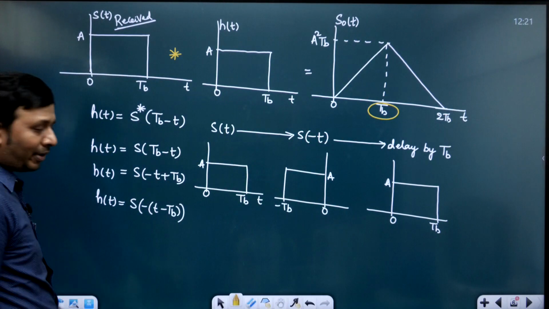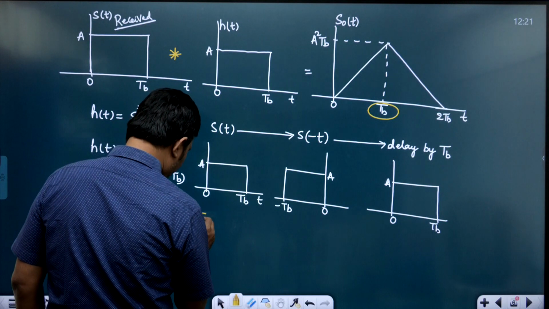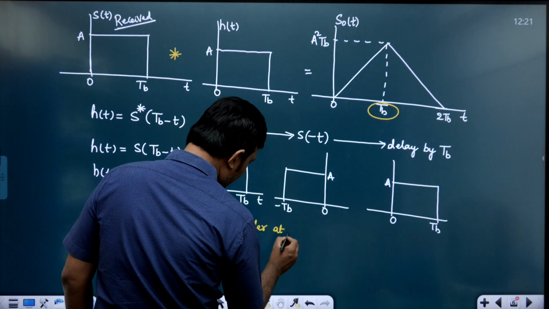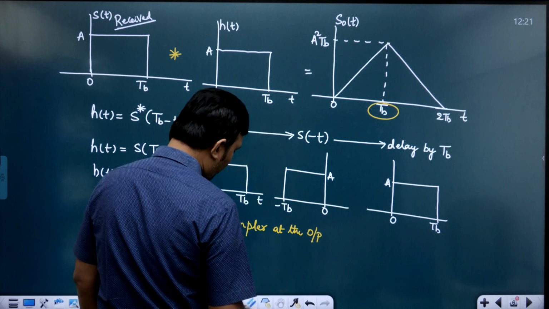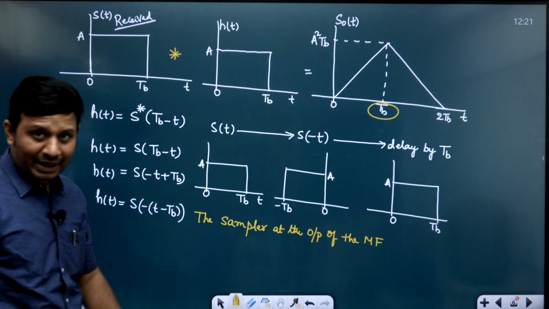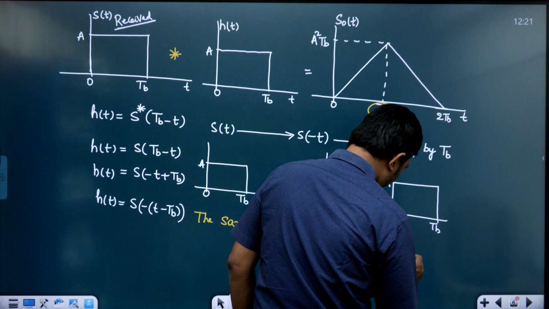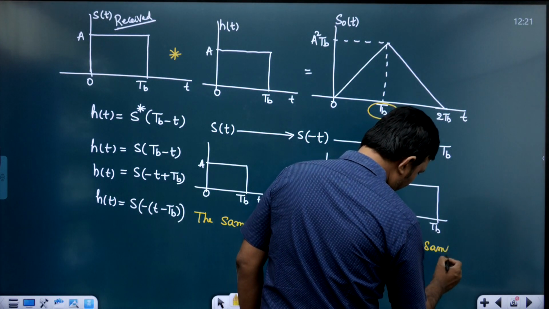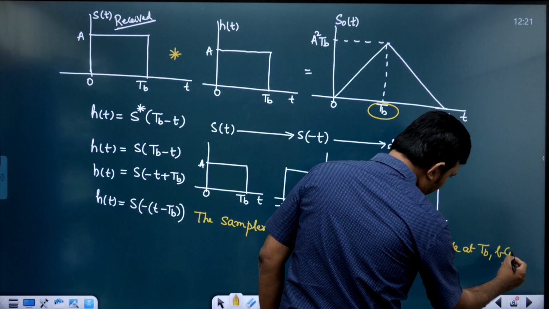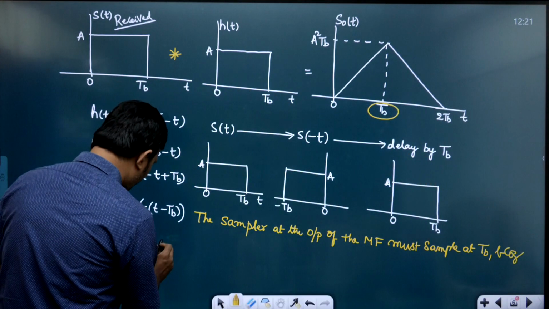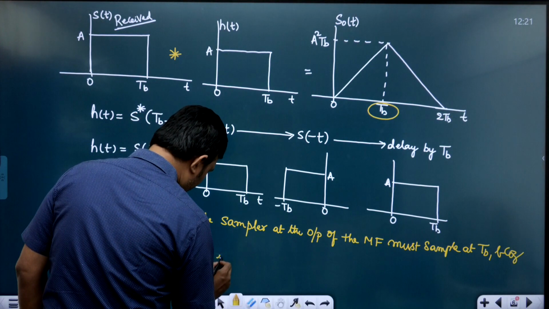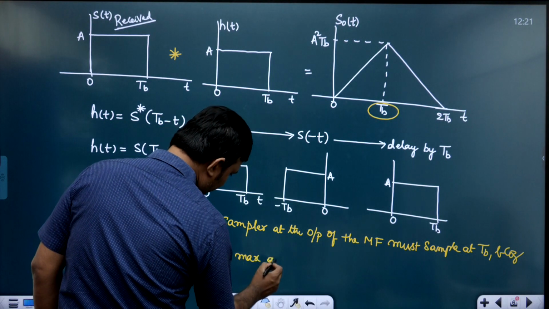So I can write an important point: the sampler at the output of the matched filter must sample at tb, because the value is maximum at tb.